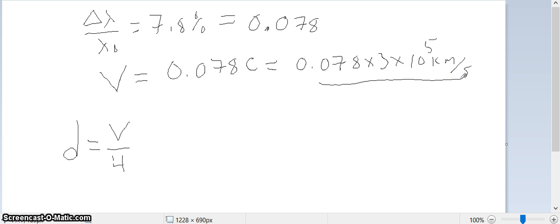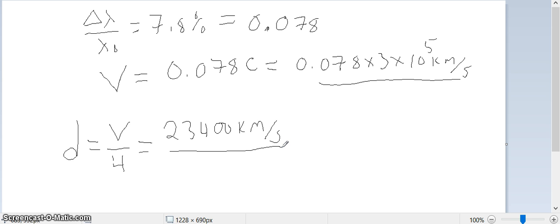We do that, and we get what the velocity is, and I got 23,400 kilometers per second. See, that's the only difference between problem 3 and problem 4: you're not given that recession velocity directly. You have to calculate it, and that's what we did up here.